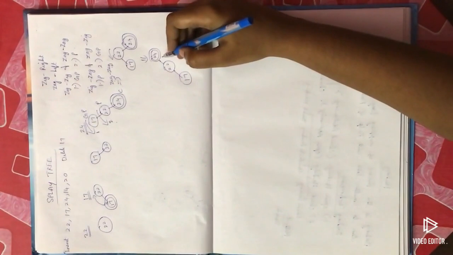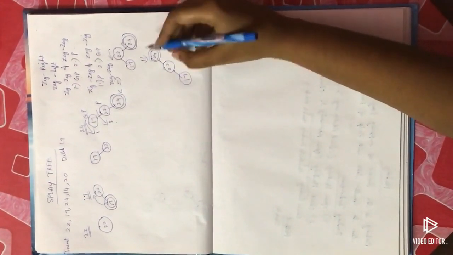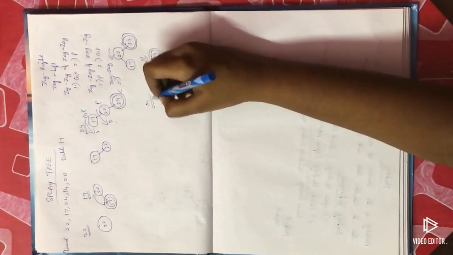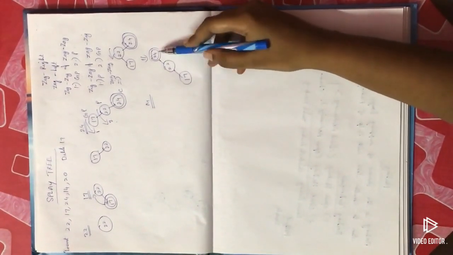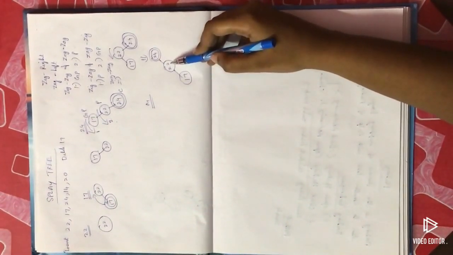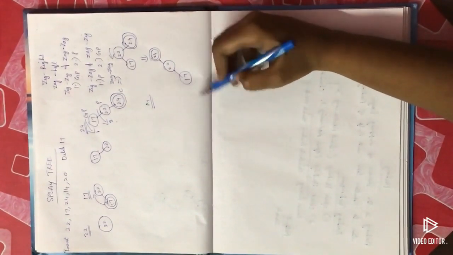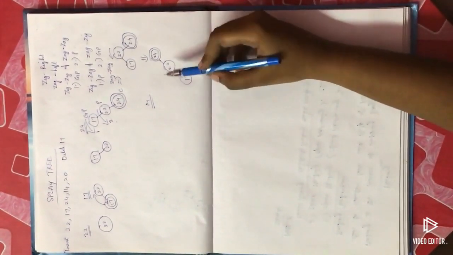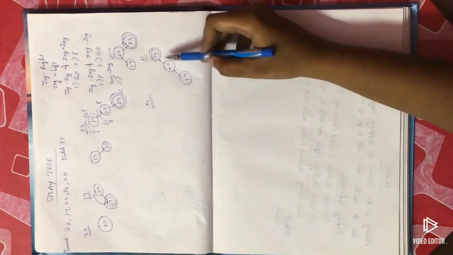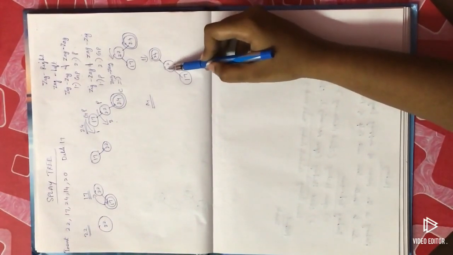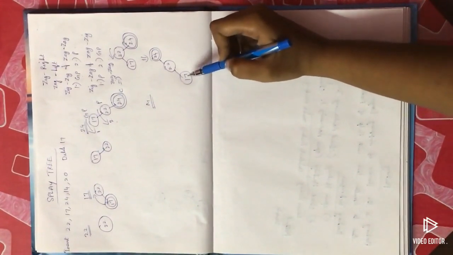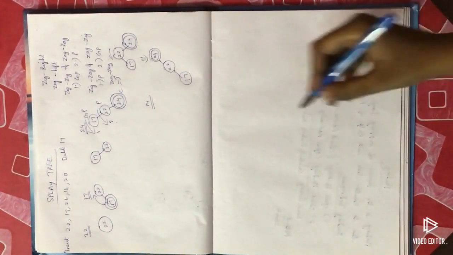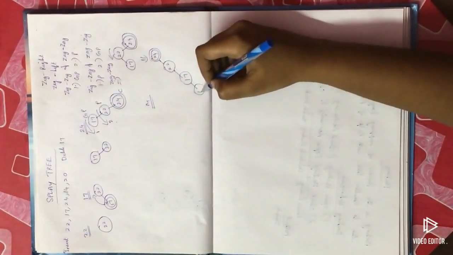Next we are going to insert the element 14. 14 will be at the left side of 24. Again we compare with each and every element and insert the element at the appropriate position. Compared with 24, it goes to the left side, again to the left side, and again to the left side. Now I will write the element here.